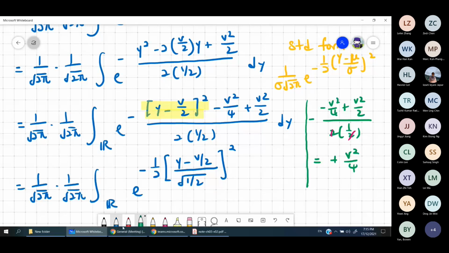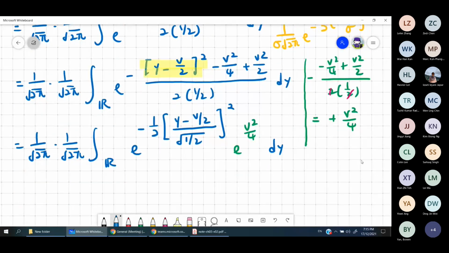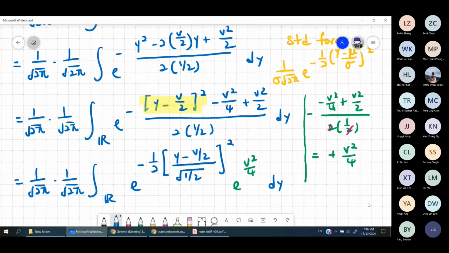So that's why you can actually take out e to the positive v squared over 4, then you have a dy. So this is a constant. You can actually bring it out over here, and you have a half over here, and you want to put it in a standard form.